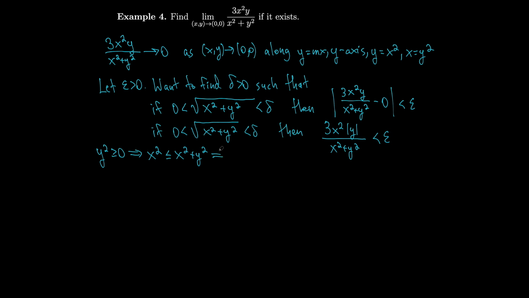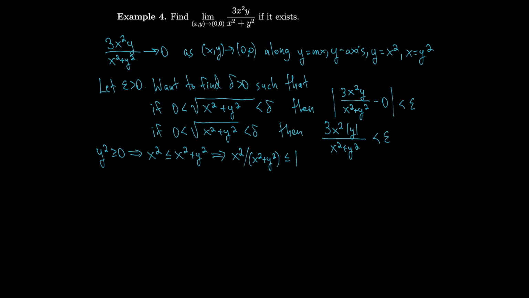Okay. Well, that means that if I have x squared divided by x squared plus y squared, then that must be less than or equal to x squared over x squared, which is 1.